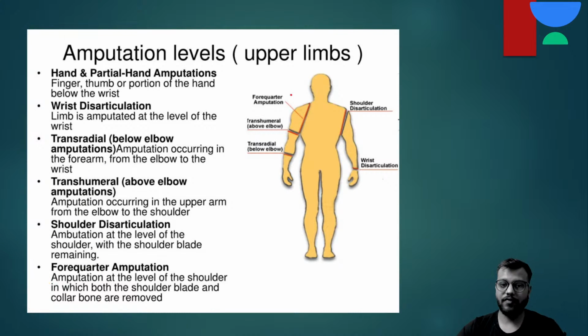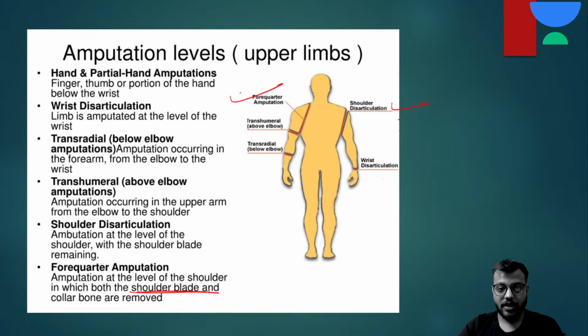These are the levels of amputation. So what is the difference between shoulder disarticulation and forequarter amputation? In shoulder disarticulation, humerus is removed completely, but in forequarter साथ में you remove the shoulder blade, that is your scapula also.